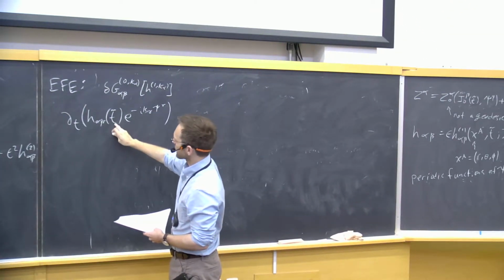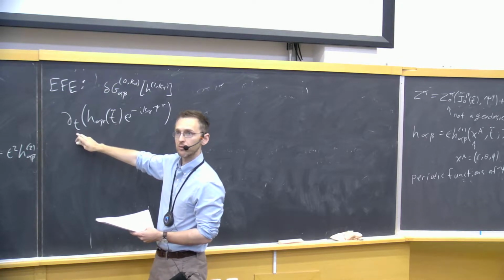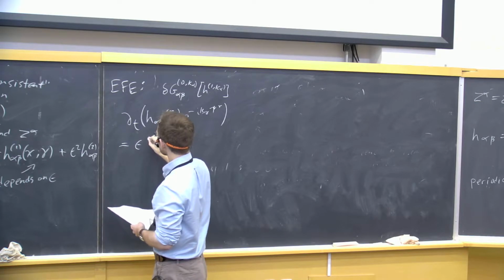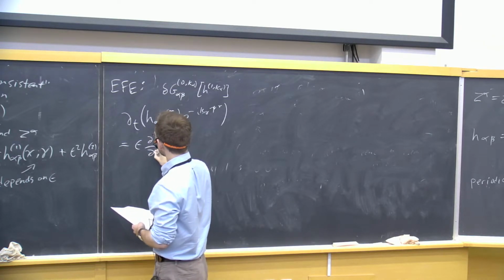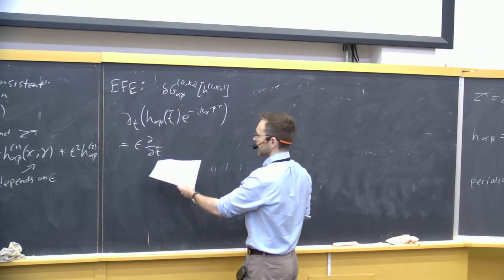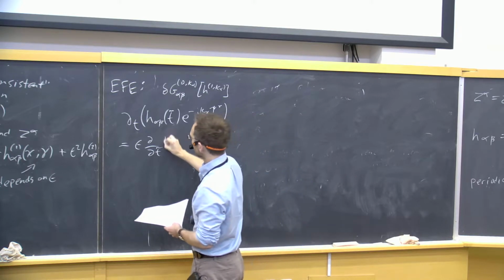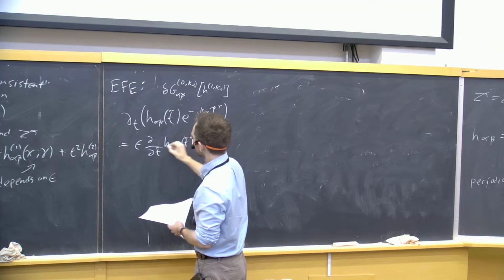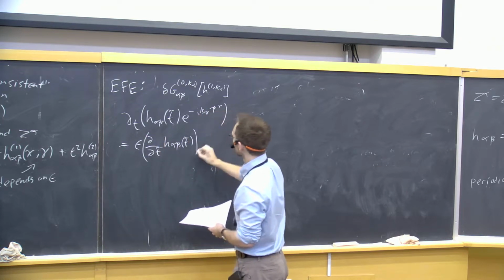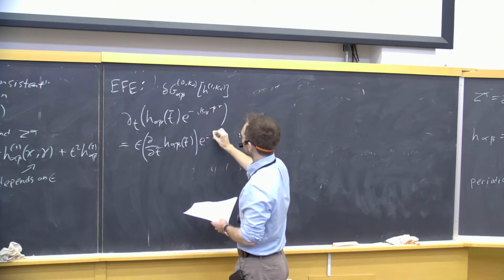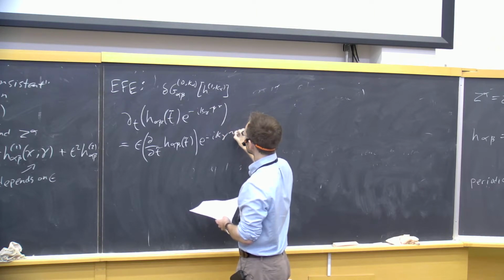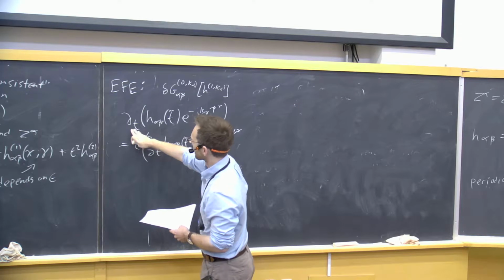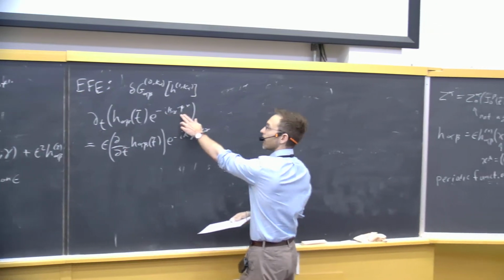T tilde is epsilon t, so when a partial derivative with respect to t acts on that, you get epsilon times d/dt tilde acting on the amplitude times the phase factor. And then you have the operation of this derivative on the phase factor itself.